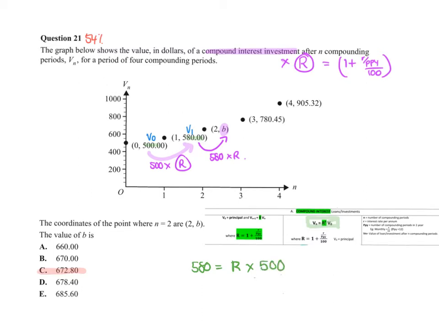If I put that into solve, comma R, I'll get a rate. So I get 1.16. Therefore I can get the next one, that B, by going 580 times the 1.16 to get 672.80.